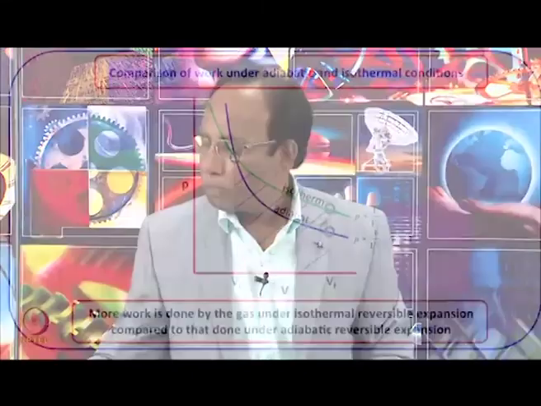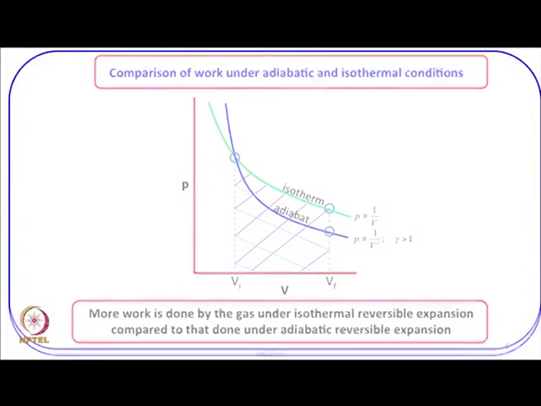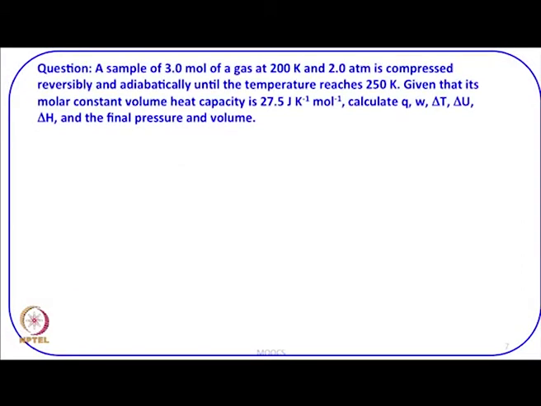Let us look at one of its applications in the form of this question. A sample of 3 mole of a gas at 200 Kelvin and 2 atmosphere is compressed reversibly and adiabatically until the temperature reaches 250 Kelvin.